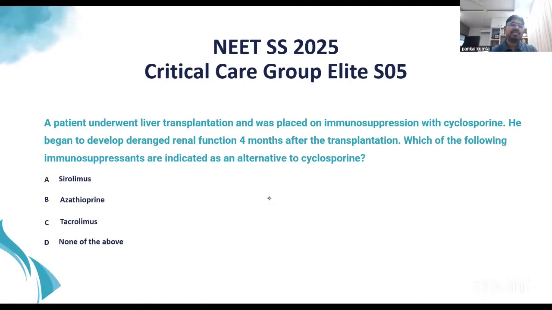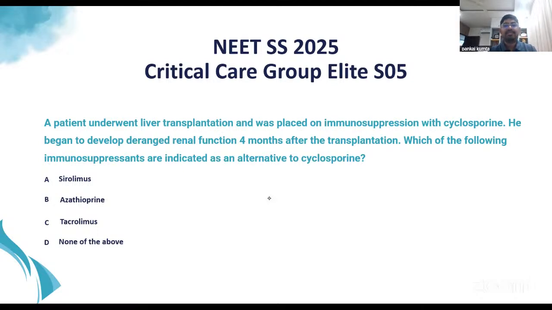A patient underwent liver transplantation and was placed on immunosuppression with cyclosporin. So assuming this patient, where this fluid was used, has gone for transplantation, of course he will be immunosuppressed with cyclosporin, or generally tacrolimus, TAC, would be used. He began to develop deranged renal function 4 months later. Which of the following immunosuppressants is indicated as an alternative to cyclosporin?